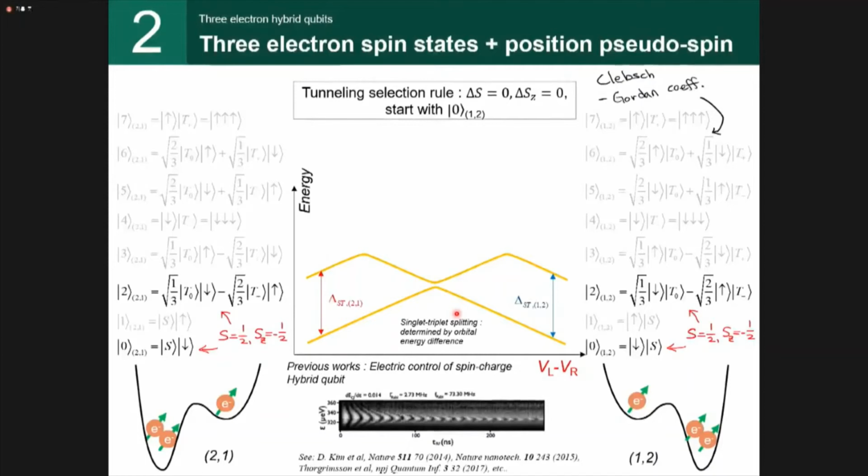And basically what I did while I was in the USA with the Wisconsin group was to make a two-level system out of 3 electrons in the silicon germanium material system. And this is called a hybrid qubit. Basically, what hybrid means here is a hybrid between spin and charge states.